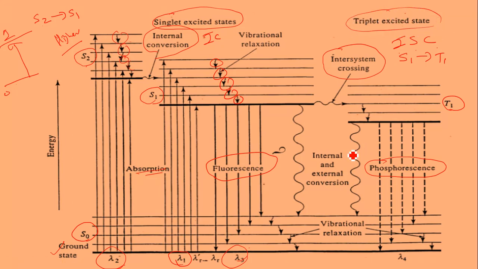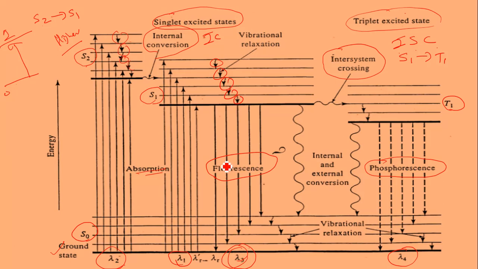So now via internal and external conversion they will again come back to the ground state. Now this lambda 4 is for the phosphorescence, this lambda 3 is for the fluorescence, and this lambda 1 is for the absorbance. That is the difference between absorption, fluorescence and phosphorescence.